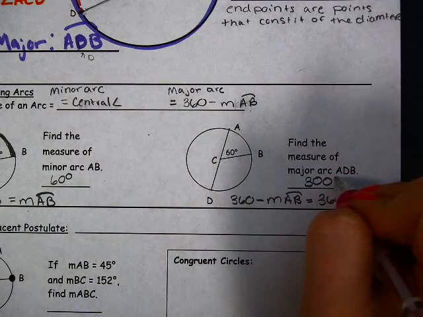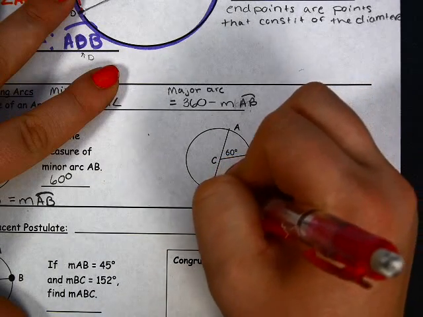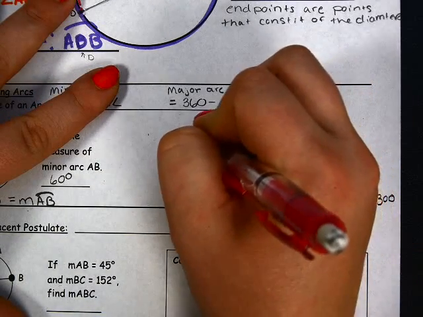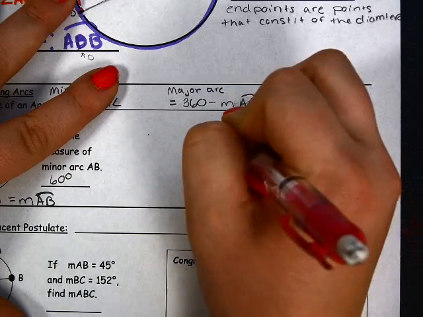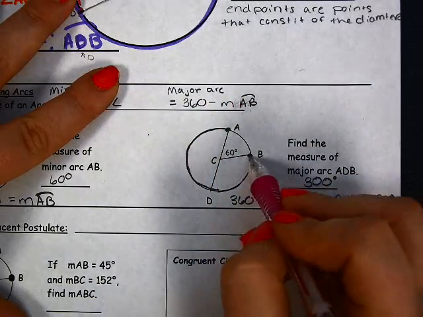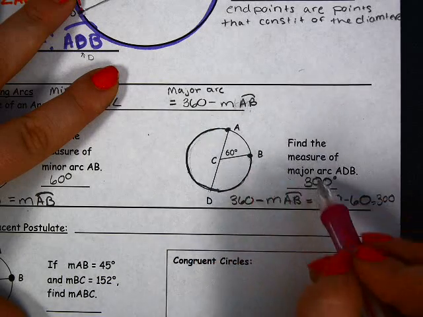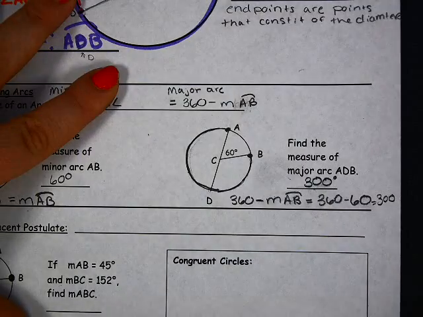So the measure of degrees from endpoint A to B, this right here, is a total measure of 300 degrees.